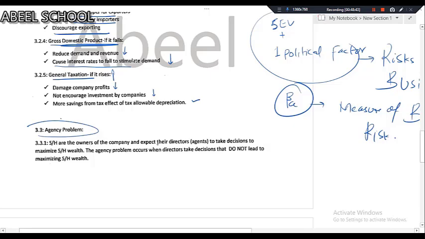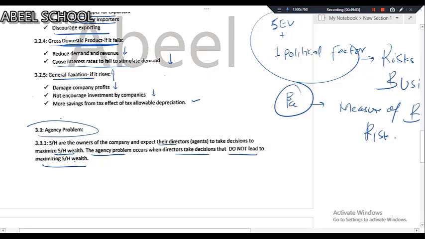Shareholders are the owners of the company and expect their directors, the agents, to take decisions to maximize shareholders' wealth. The agency problem occurs when directors take decisions that do not lead to maximizing shareholders' wealth. So simply, agency problem will arise when shareholders think that BOD decisions have not increased their wealth.